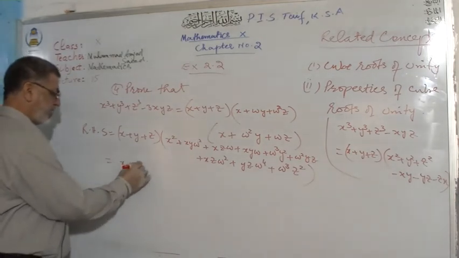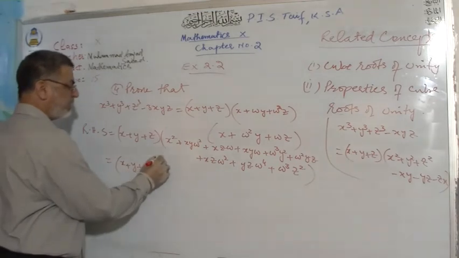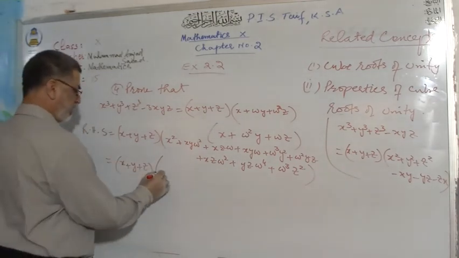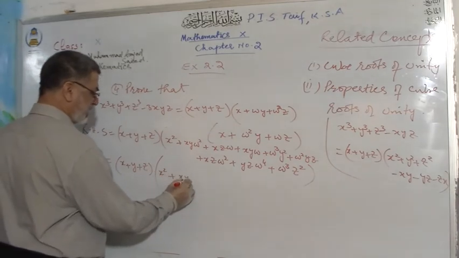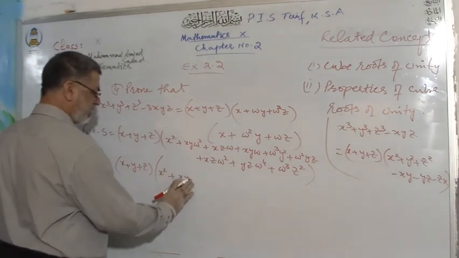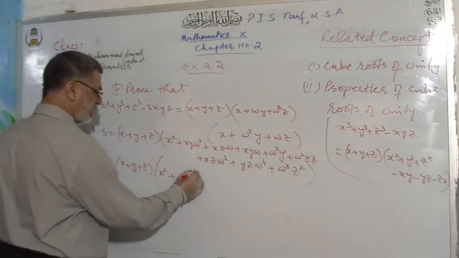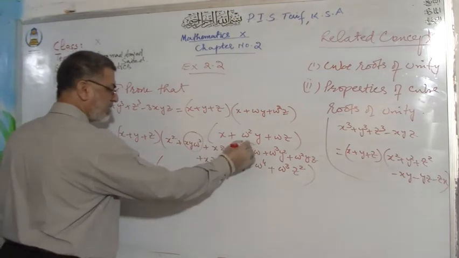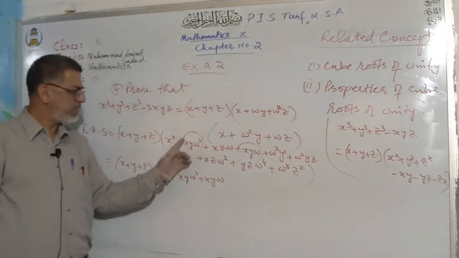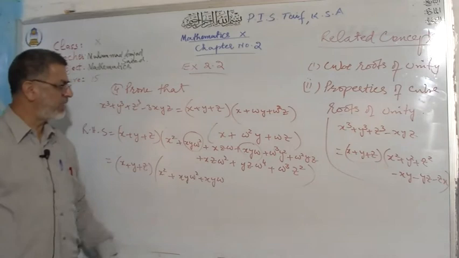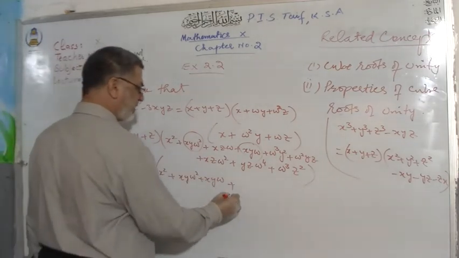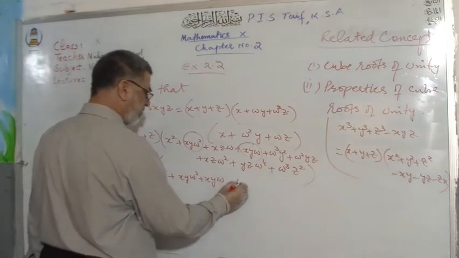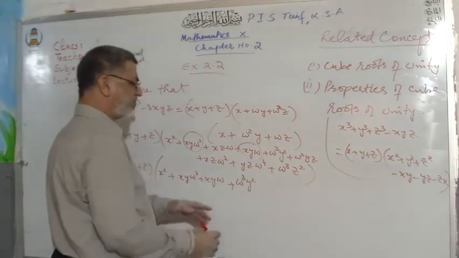x plus y plus z into, now we will rearrange: x square plus xy omega square plus xy omega. This and this. Look at that, xy omega square and xy omega. After that, we have omega cube y square.